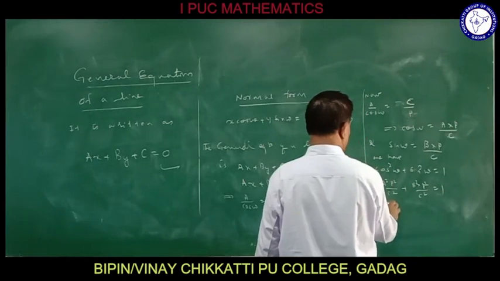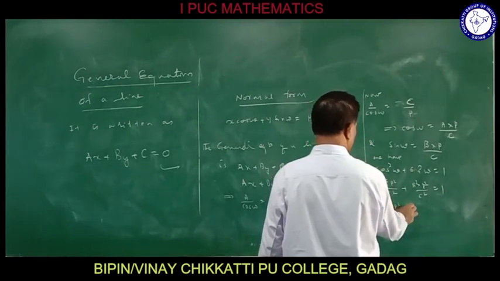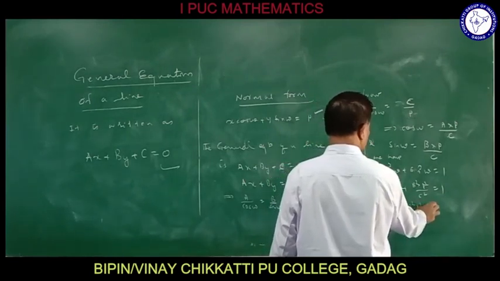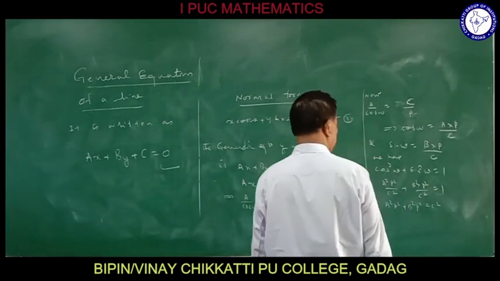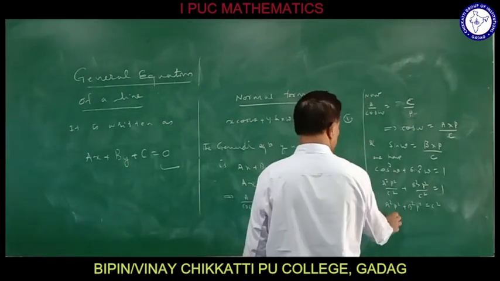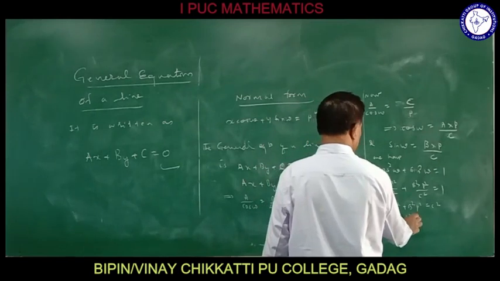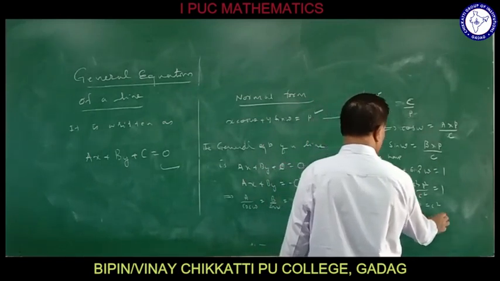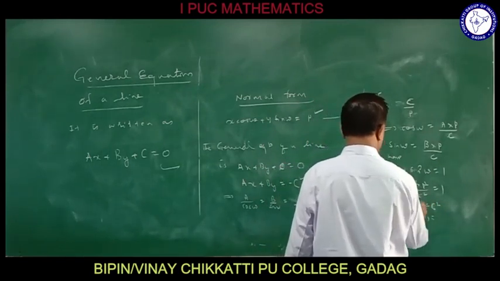Both sides you have to multiply by c square. A square p square plus b square p square is equal to c square. And try to understand, p square is common. If you go for a square plus b square, this is equal to c square.